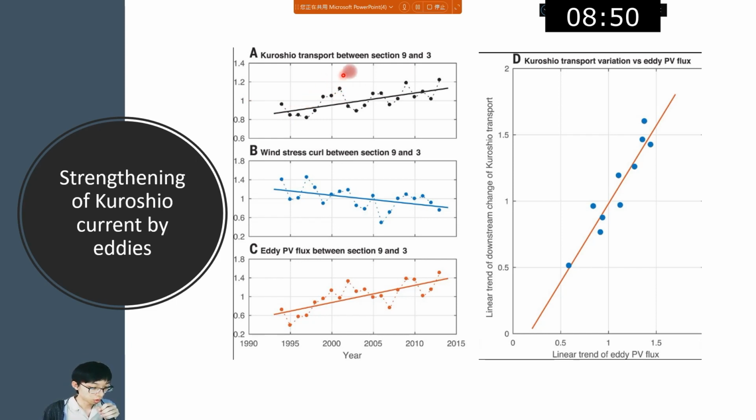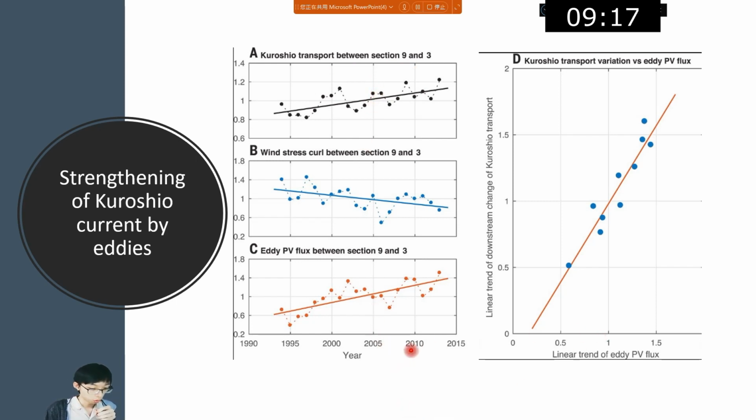Then A shows that the downstream flow has increased, just like here. And picture B shows that the wind stress curl has decreased. And picture C is the AD flux of PV between these two sections, and it is increased, just like picture A.